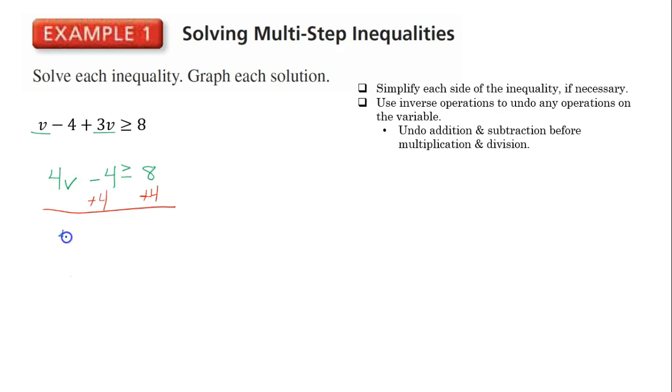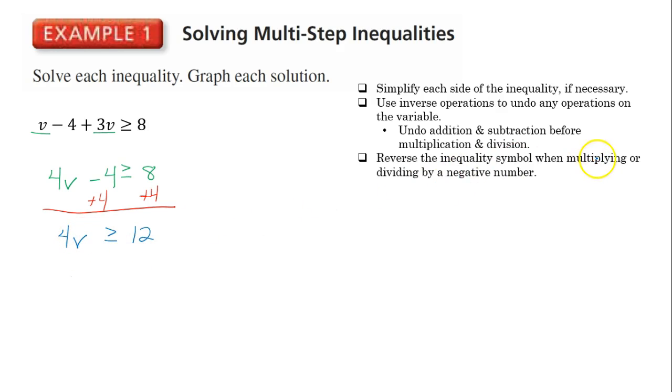So I get 4v is greater than or equal to 12. Alright, so I need to undo this multiplication also, keeping in mind that if I have to multiply or divide by a negative number, I have to reverse the inequality sign. What I have here is v times 4.